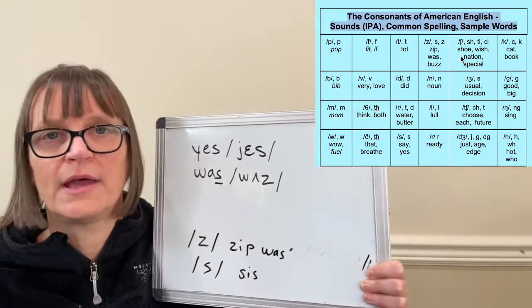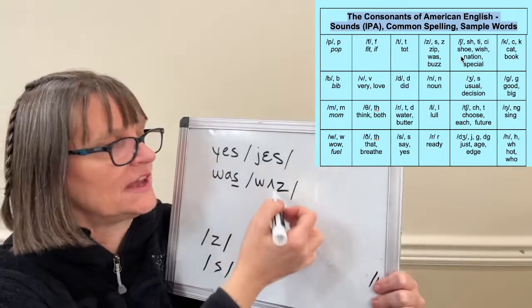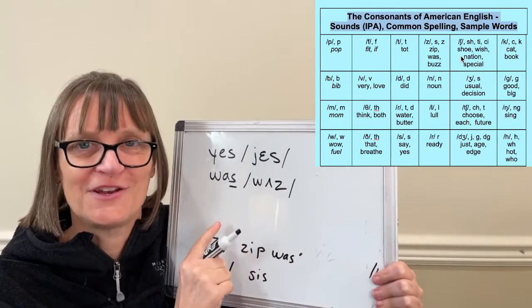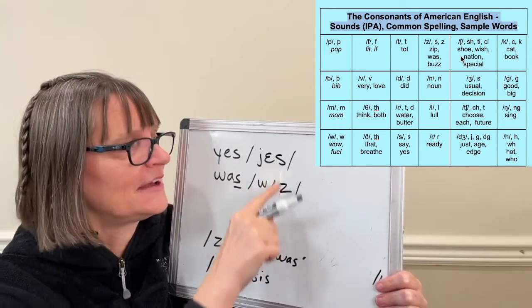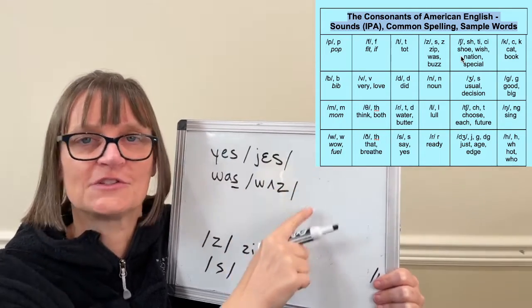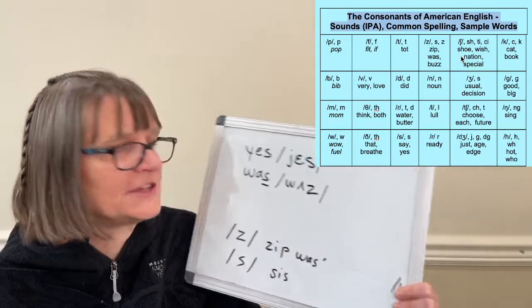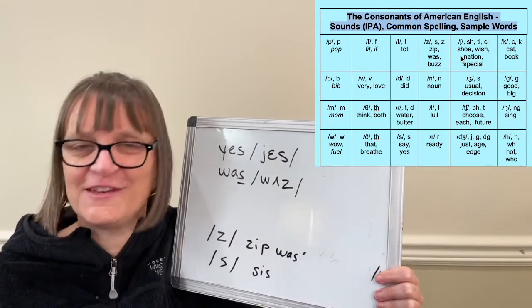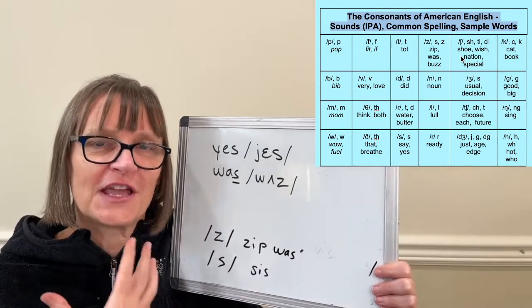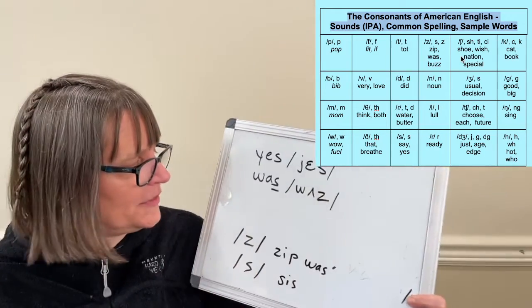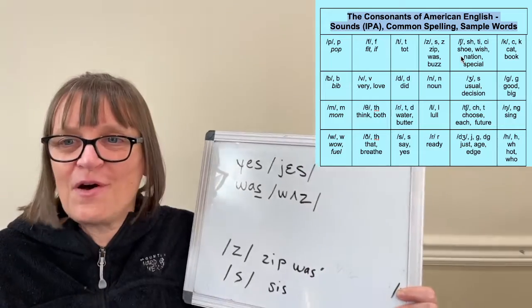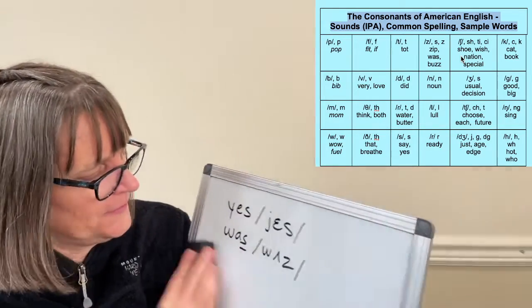So that's a great way, even if you only learn the s and the z symbols, it's a great way to know, does my letter S say the S sound or the Z sound? Is it voiceless or voiced? I talk about this, of course, in many of my videos. I have a number of videos talking about letter S, the sounds S and Z, but those are the symbols for them. So hopefully you'll find that useful.